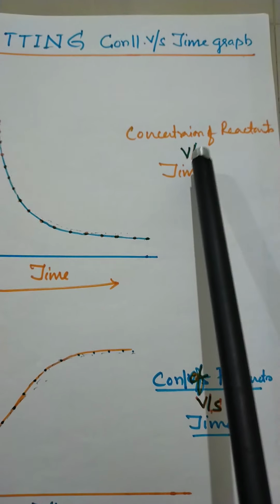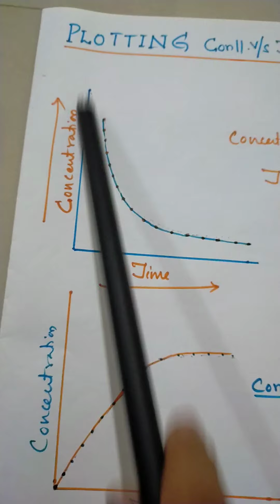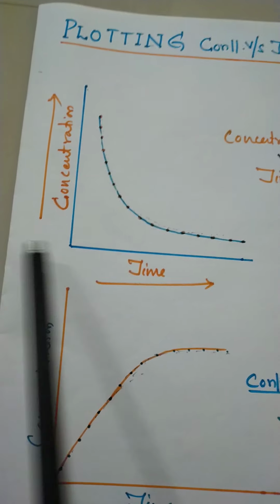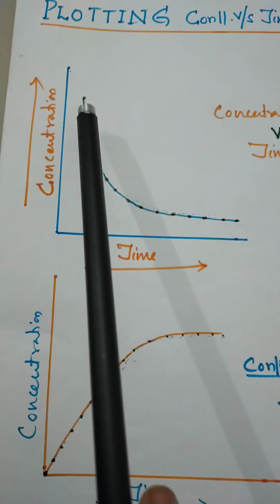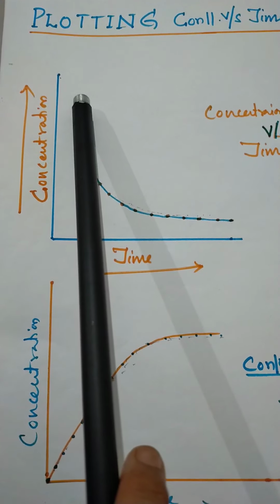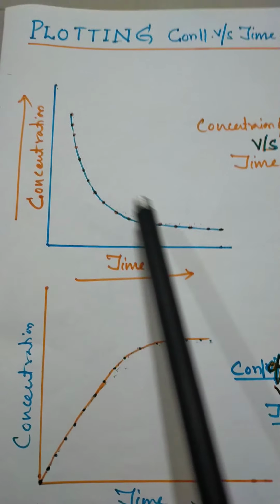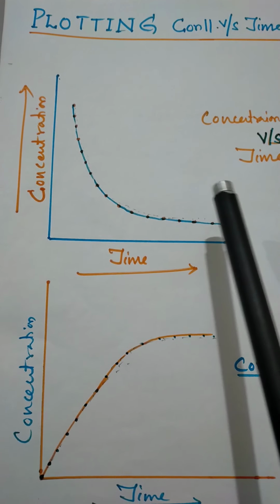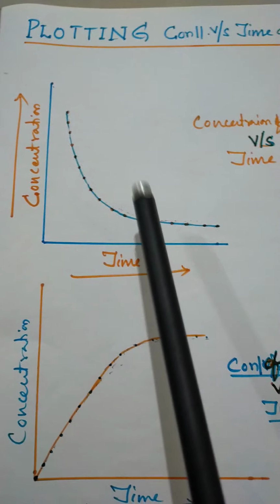We are plotting the concentration of the reactants versus time, with concentration on the y-axis and time on the x-axis. If we draw the graph of the rate of reaction, we get a graph like this one, because the concentration of the reactant decreases in the rate of reaction, but for the products it increases. So this is for the graph.